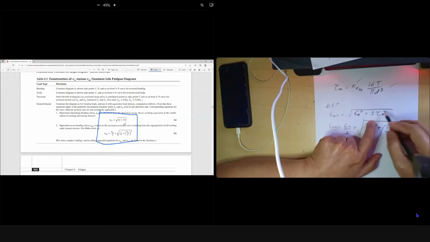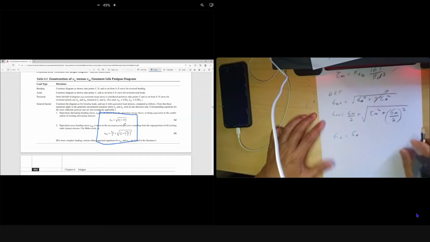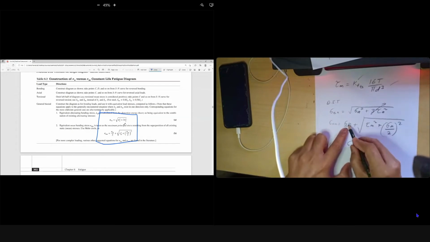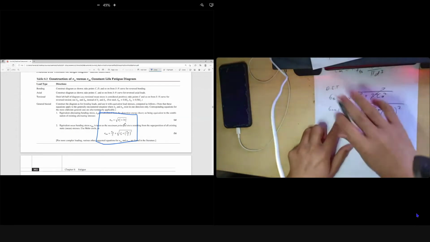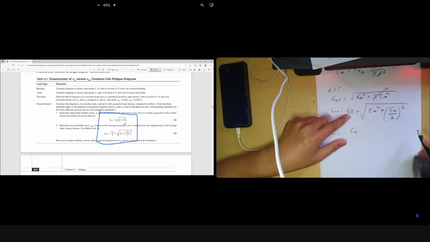For our case, no, it's zero, right? So sigma EA equals sigma A. Sigma EM: do we have sigma min? Do you have sigma min? Yes, Doctor. But negative, right? Because of compression.